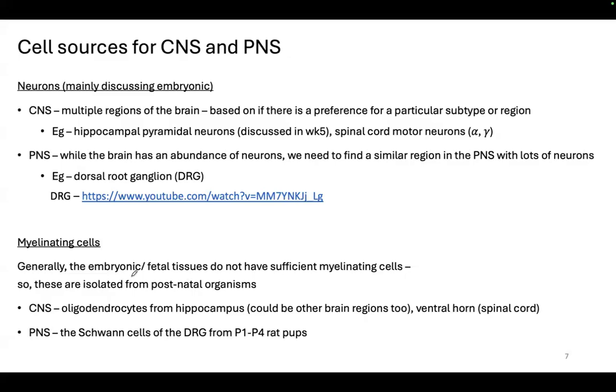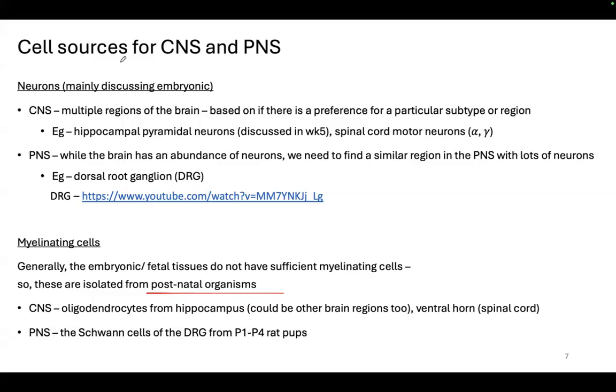That's how it goes across development. So typically, you would isolate these from a postnatal organism. Postnatal means post-birth. It could be just a little pup, or it could be an adult. Postnatal typically indicates younger age, but it could be anything.